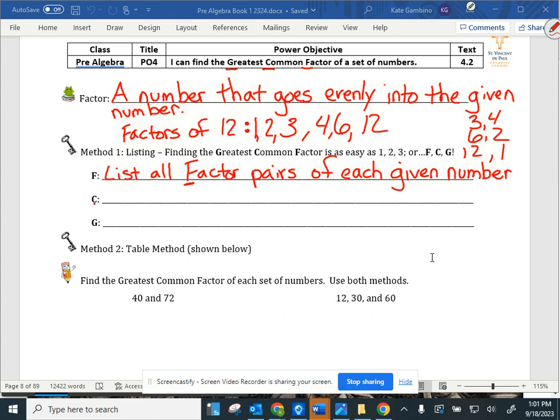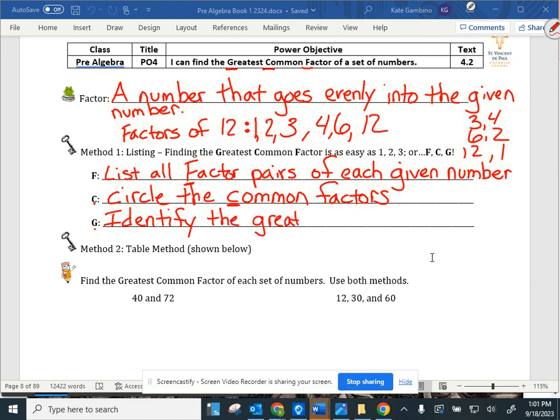Then we have the C. Circle the common, that's our C, common factors. And the G is identify the greatest common factor.